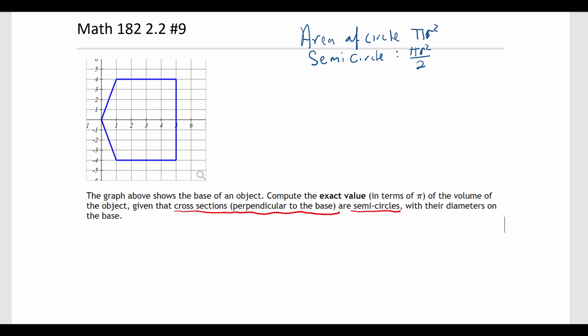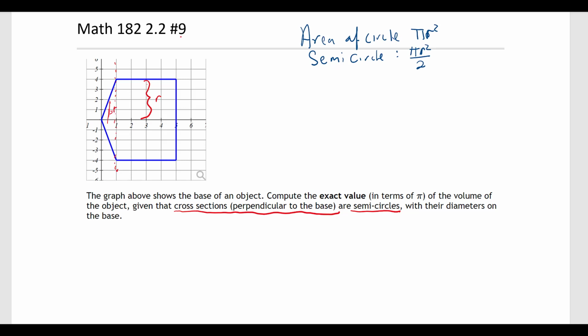Now, we can split this up, and I think the easier way is to split this up again and treat this as one part, where this is our radius. And this, by the way, is the radius as well.